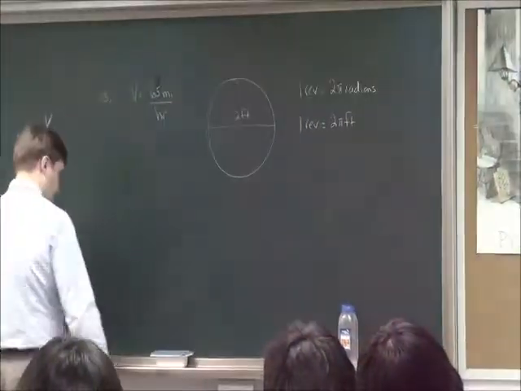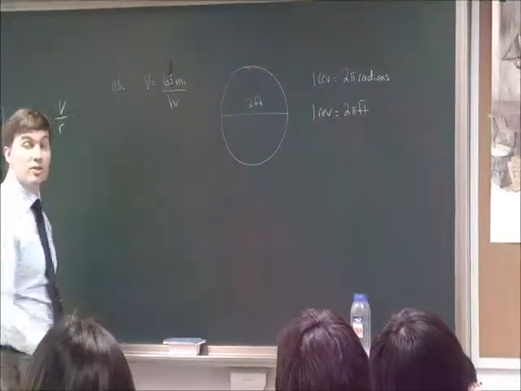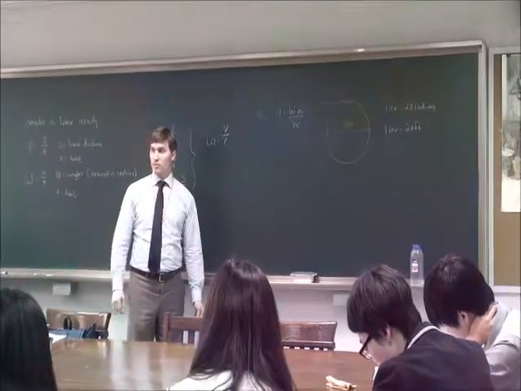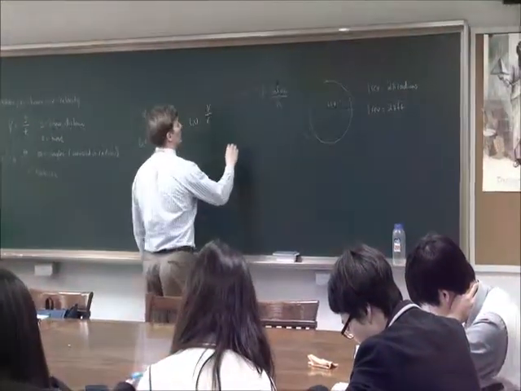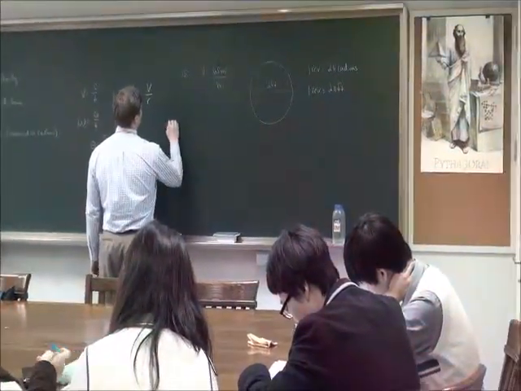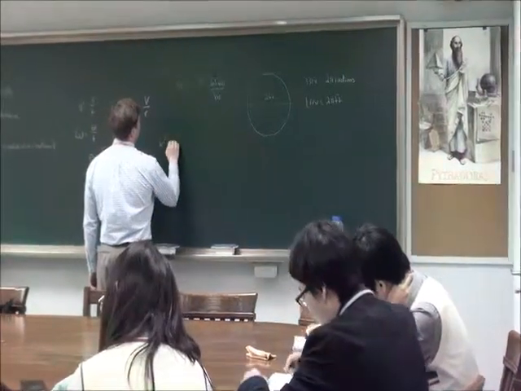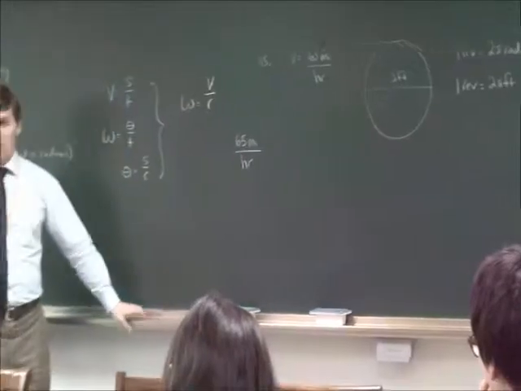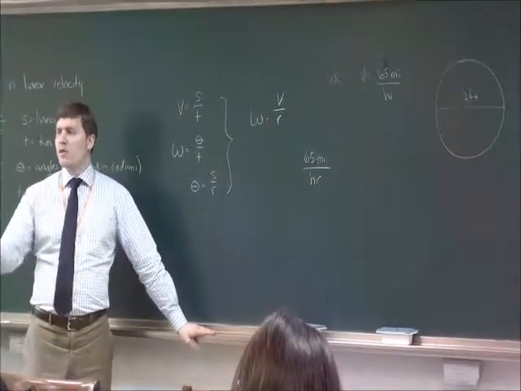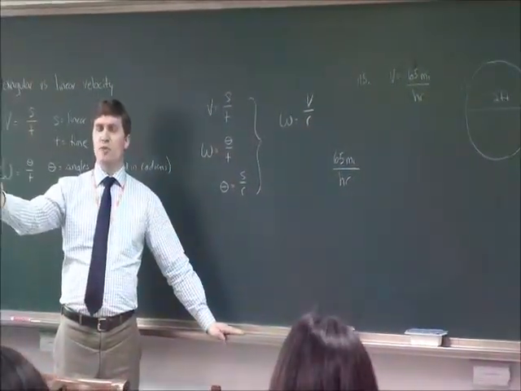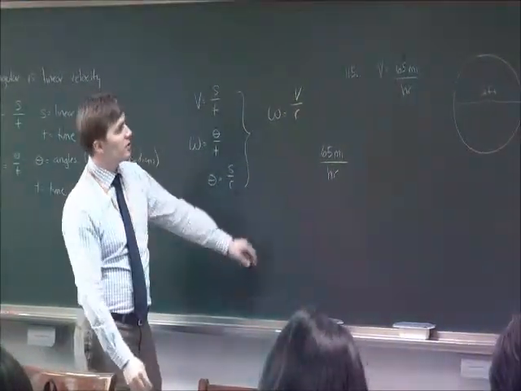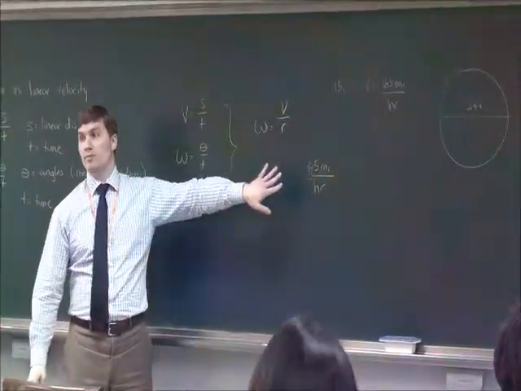All right, so what is the question? They want to know how many revolutions per minute. Okay, so let's see. 65 miles per hour. And I think the question is asking for something in terms of feet per minute. So let's translate this into feet per minute.